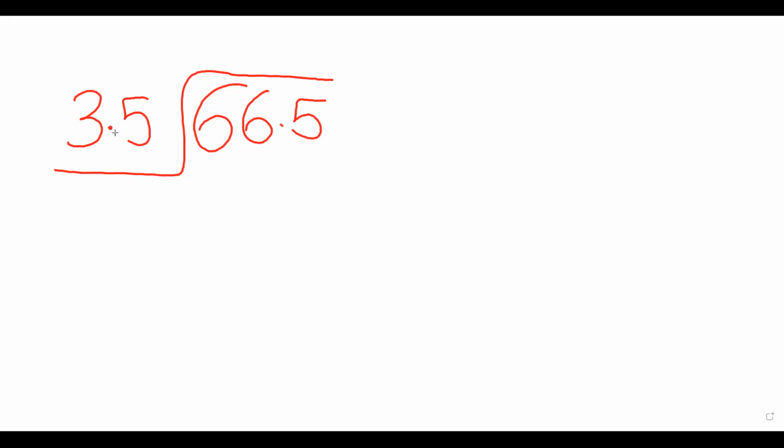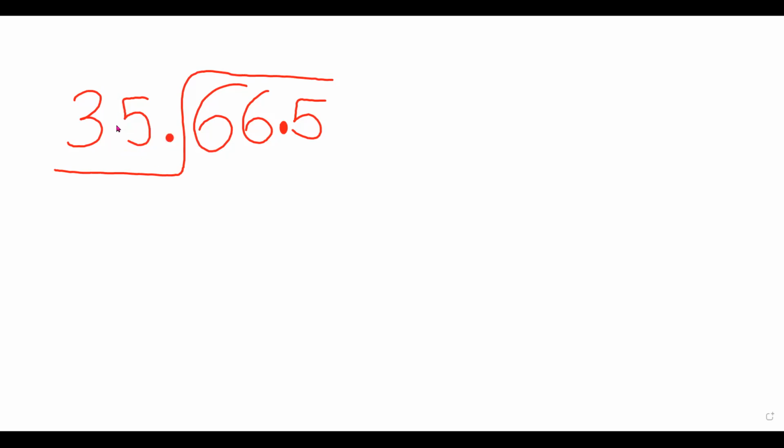Here is the decimal point, and here is the decimal point. Now next, I have to convert the decimal number to a whole number. So that means I need to move the decimal point. How many digits? 1.